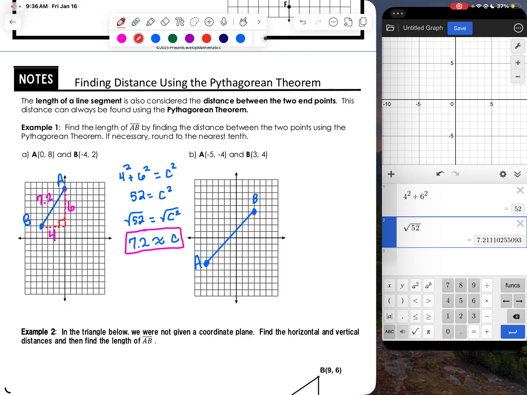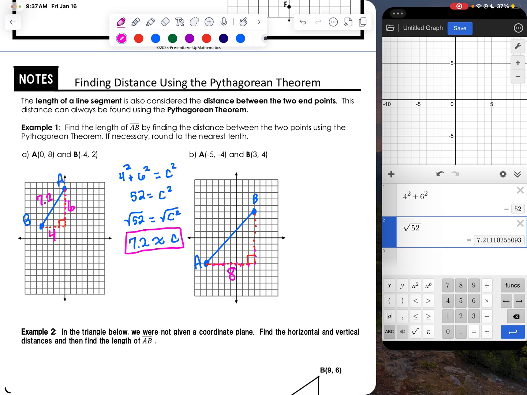So I will again connect them with a right triangle. And then we'll count to determine the horizontal distance and the vertical distance. Let's start with the horizontal distance. That would be 1, 2, 3, 4, 5, 6, 7, 8. So our horizontal distance is 8. What's our vertical distance?